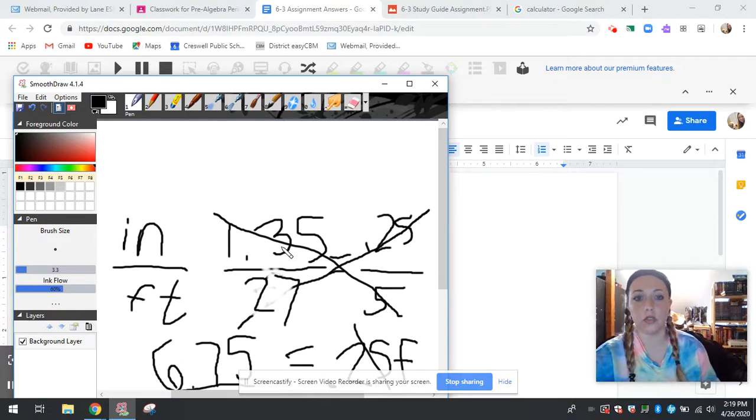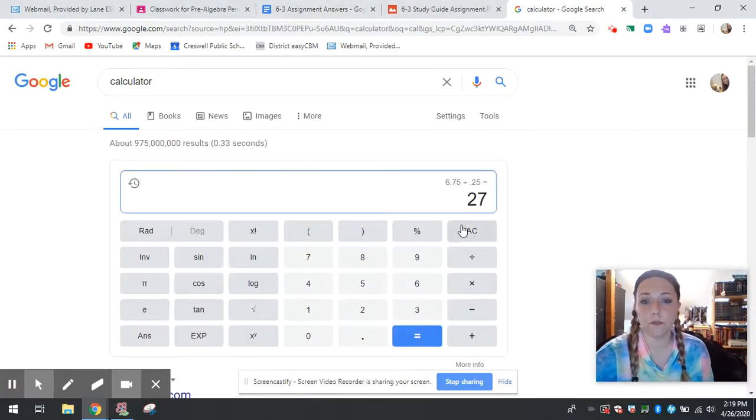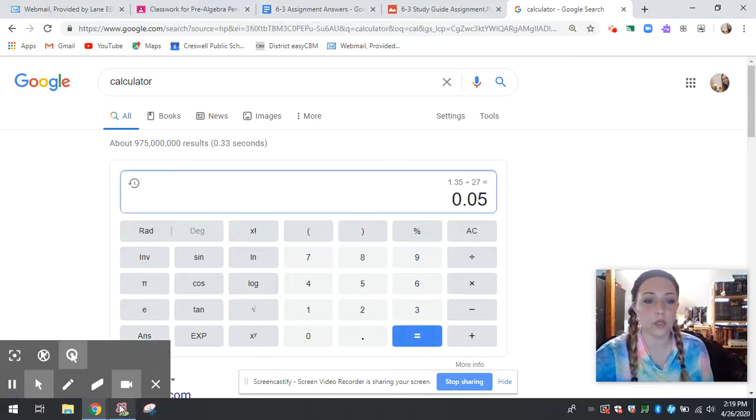Remember, fractions are division. See what you get, and then it should be equal to this one if you were to plug this one into a calculator. So I'm going to do that: 1.35 divided by 27 equals 0.05.